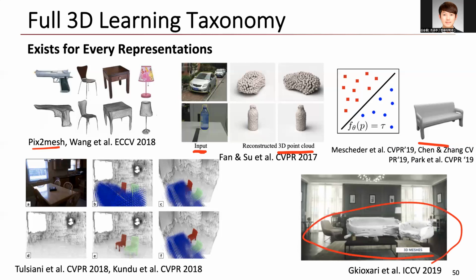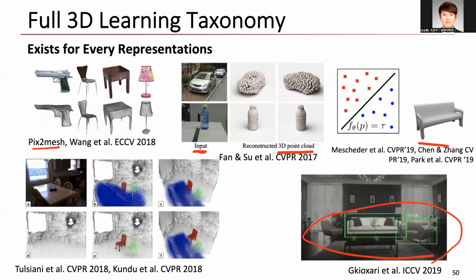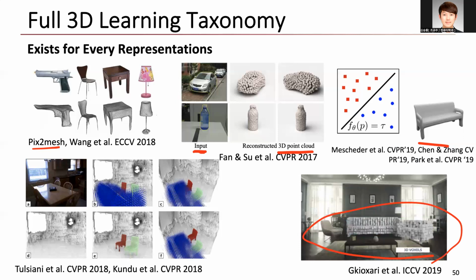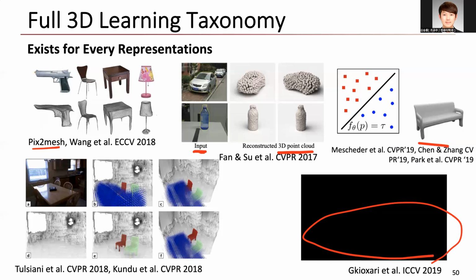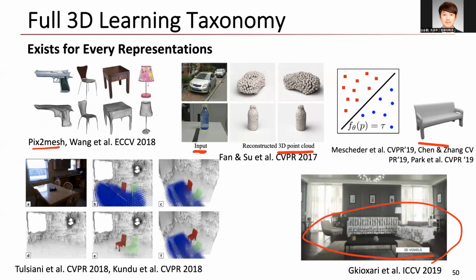The mesh model. There are so many kinds of supervised learning techniques between the input image and the 3D representation. For example, mesh, point cloud, implicit representation, for example, like SDF.